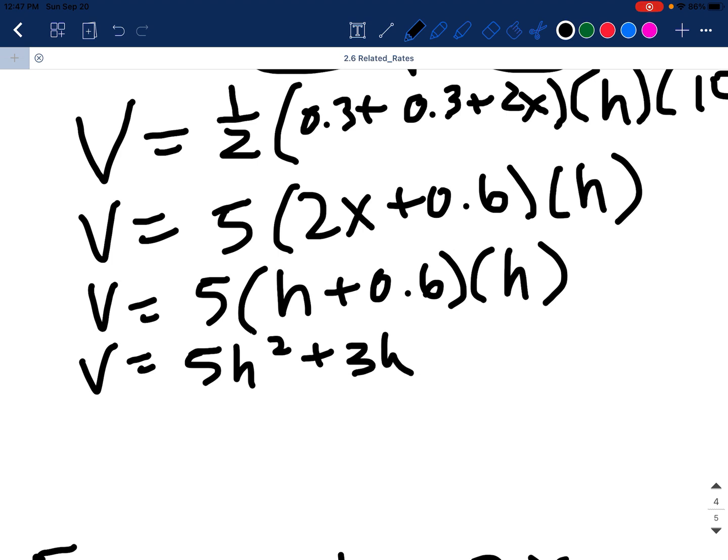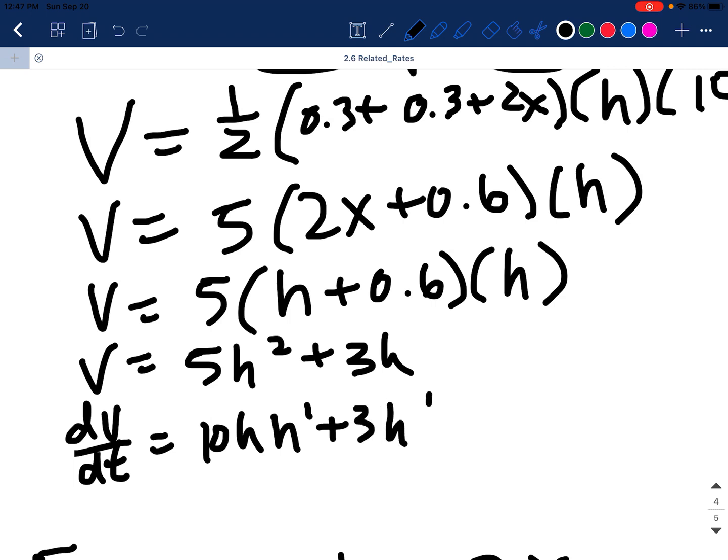So 5h squared plus 3h. All right, so then we'll differentiate with respect to time, and we'll have 10h h prime plus 3h prime, which then we can factor out.